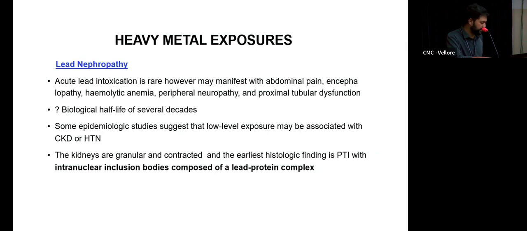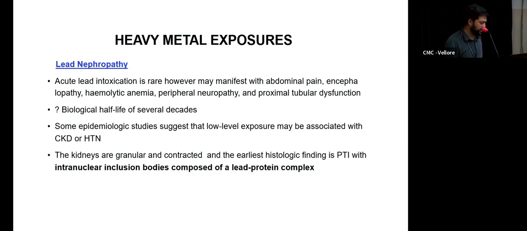Lead can cause acute toxicity, which can manifest as abdominal pain, encephalopathy, hemolytic anemia, peripheral neuropathy, and proximal tubular dysfunction. The biological half-life is several decades, so even if you take it, it can remain in your system for a long time.